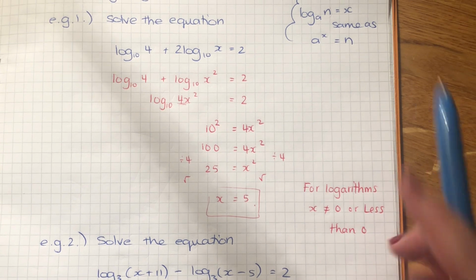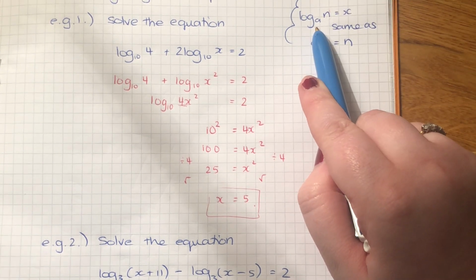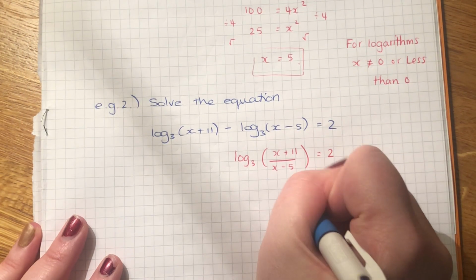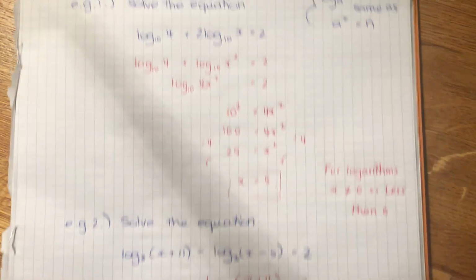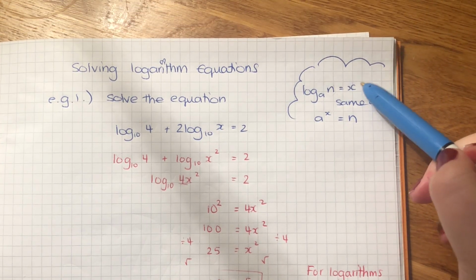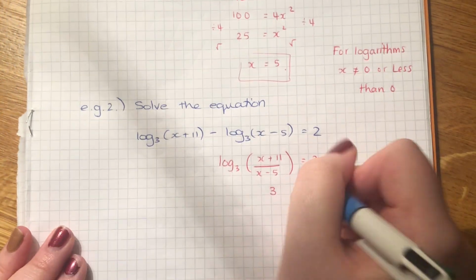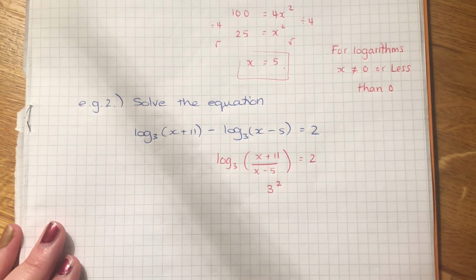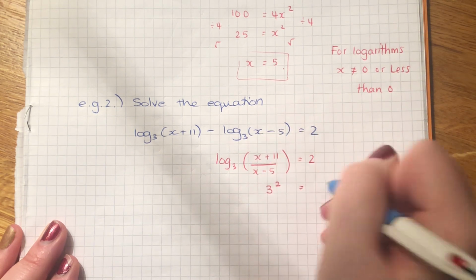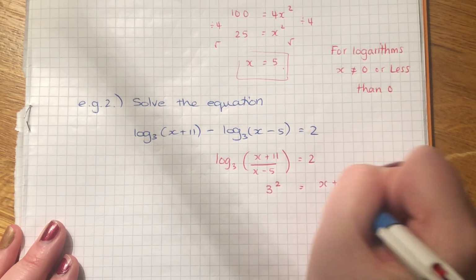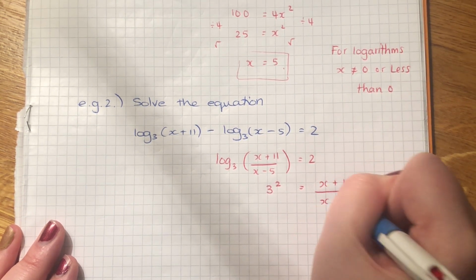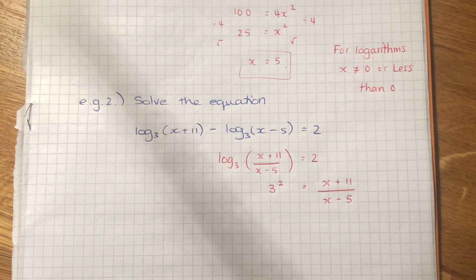Okay, so the base we've got for this question is 3. Okay, the power, so our answer for this question is 2, so it'd be 3 squared is equal to this fraction, x plus 11 over x minus 5.